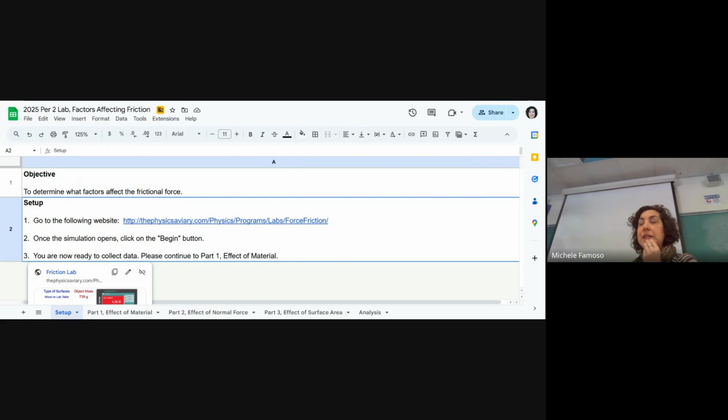Open up to Lab 15, and when you open up Lab 15, you will see that there is a link to a simulation called Physics Aviary. We have not used Physics Aviary before, but this will be our first time. This is not the last time we're going to use it. What I like about Physics Aviary compared to PhET is that every single one of us is going to get different data.